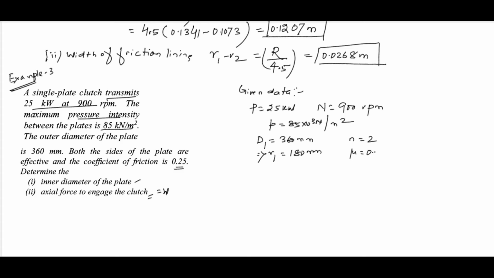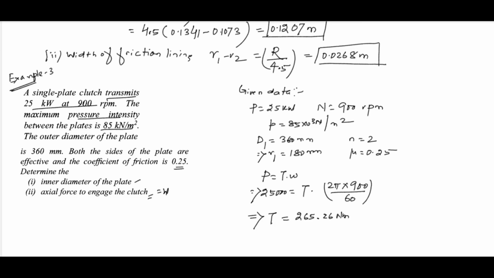Mu is 0.25. Okay, now we have P is equal to T dot omega, so 25,000 is equal to T dot 2 pi into 900 divided by 60. Okay, if you solve this, your T will be 265.26 Newton meter.